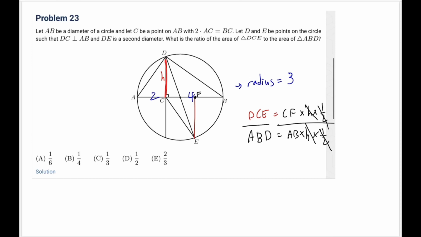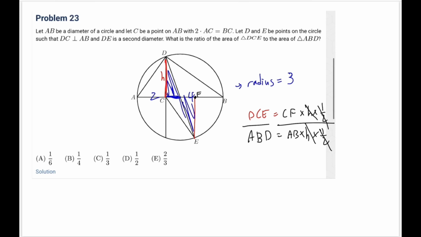But notice that since this is a diameter, this triangle and this triangle are congruent, right? AC is 2, but the radius is 3, so this much is 3, right? So this much should be 1.